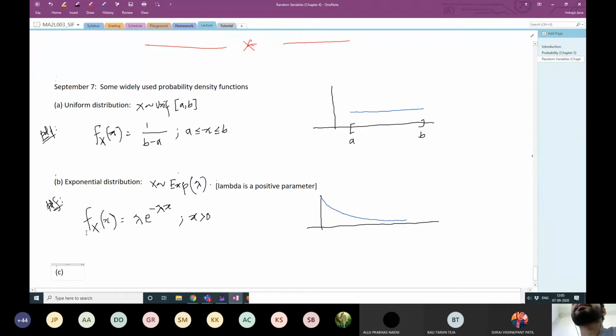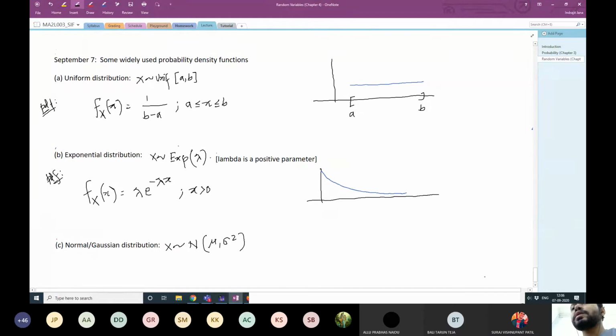Number three is the normal, Gaussian distribution. We write that X follows normal mu, sigma square. So we read this as, this one is mu and this one is sigma square.